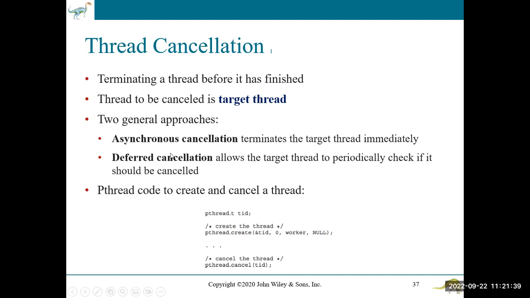When a thread cancellation is issued, the thread that receives it is called a target. So if you see a reference to target thread, that's a thread that's being targeted or canceled, right? Asynchronous means we're cutting it off immediately. It's a hard stop. Deferred, we're periodically checking. What are we checking for? Conditions or events, right?